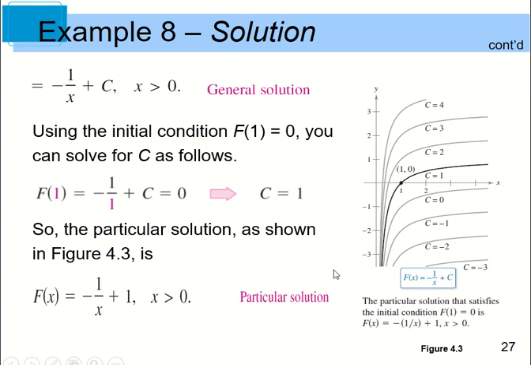However, with the initial condition f of 1 equals 0, we are able to find the particular solution. The particular solution means that we find the solution that satisfies f of 1 equals 0. When x is 1, the y is 0, so we have this point, and we are able to find the line that satisfies this condition.